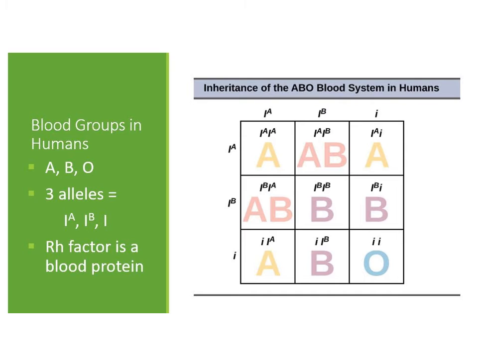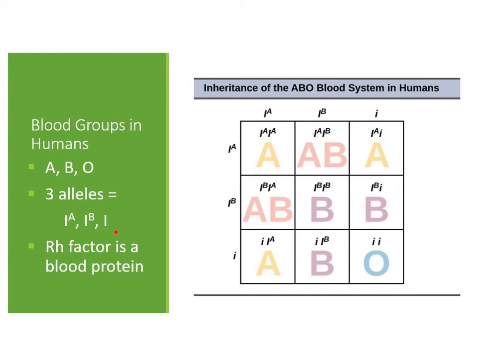All right, so I want to talk a little bit more about how our blood groups work. Okay. So in human blood groups, we have the A group, the B group, and the O group. Okay. Or we have three alleles for blood groups. So the way we write the alleles is I with like a superscript of A, I with a superscript B, or just plain old I with no superscript.